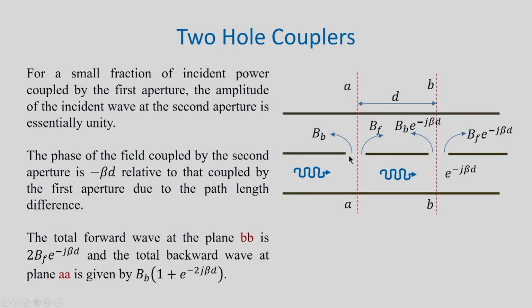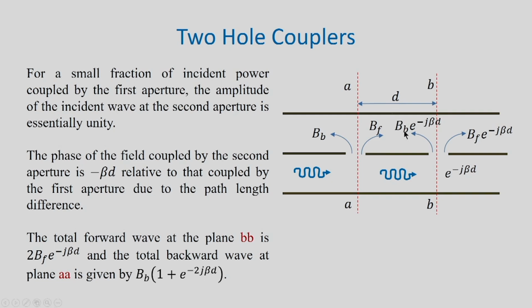we find that here it was BB, now here from the second slot, it will be Bb e to the power minus j beta d, and then this wave will travel another length d.